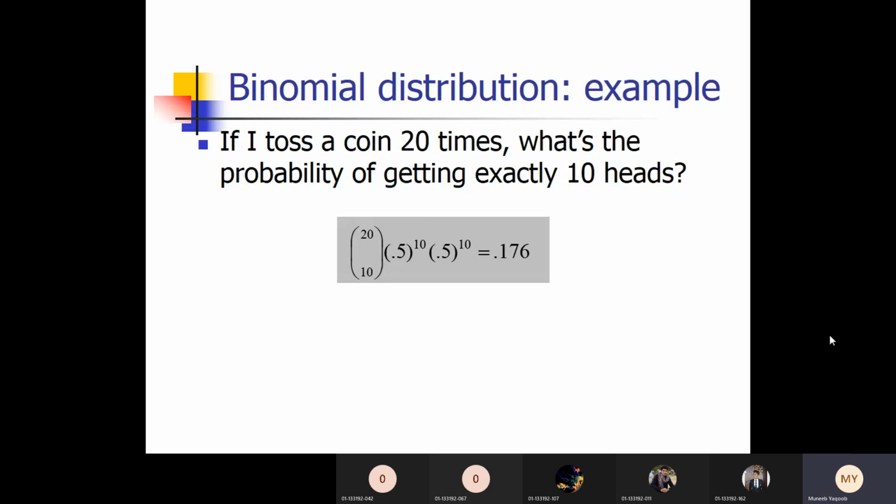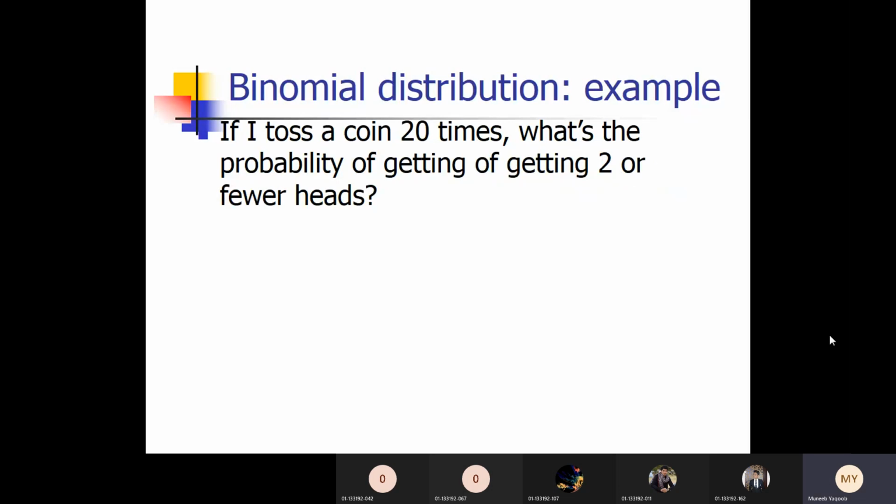Now, if a coin is tossed 20 times and we are interested in calculating the probability of getting 2 or fewer than 2, it means that we are interested in the occurrence of 0 heads, 1 head, and 2 heads.